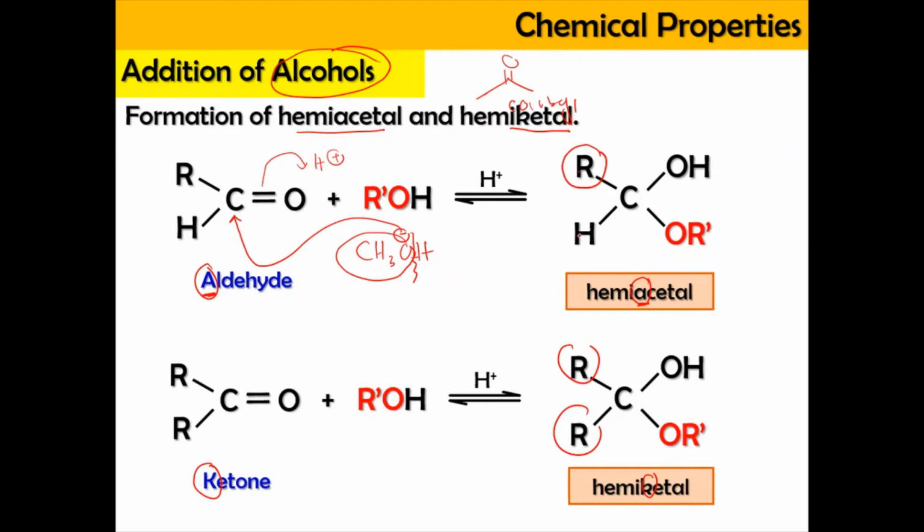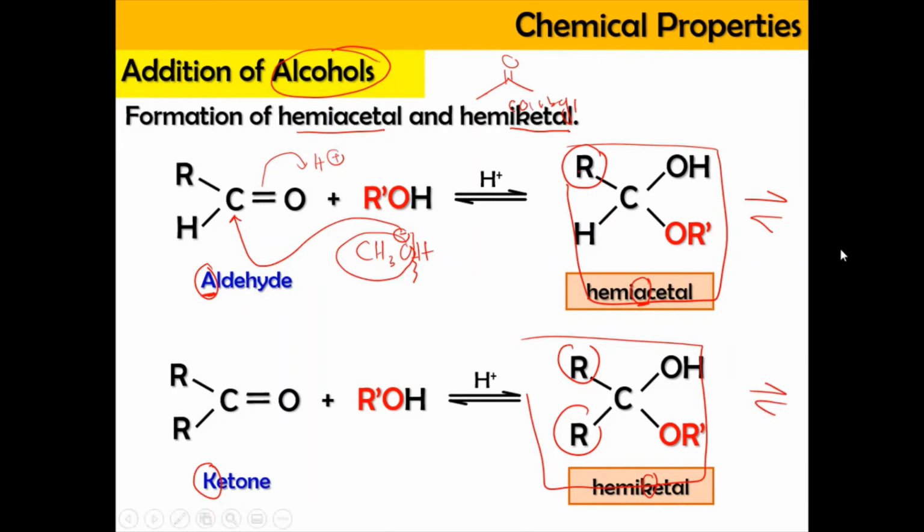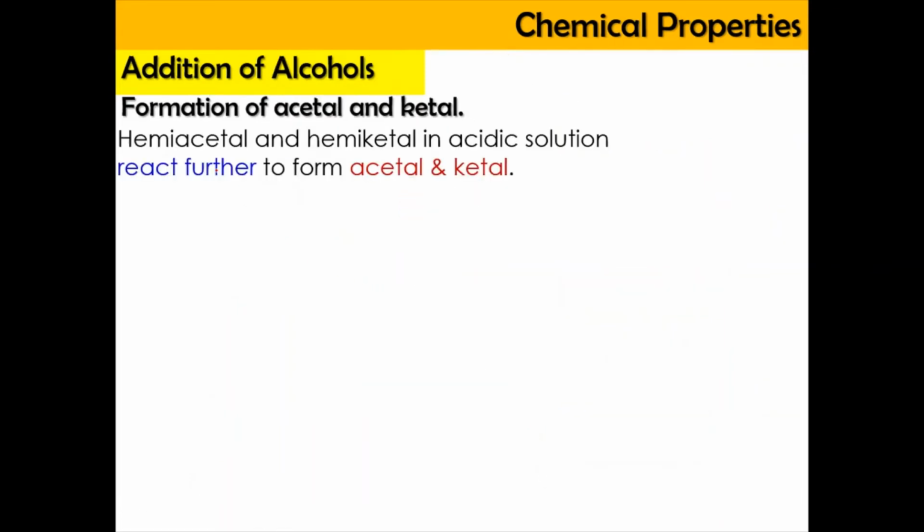And we can use this one and react it again. Same goes for hemiketal. We can also react with more alcohol in order to further react it. So we're going to look at it in the next slide. Hemiacetal and hemiketal in acidic solution can react further to form acetal and ketal.